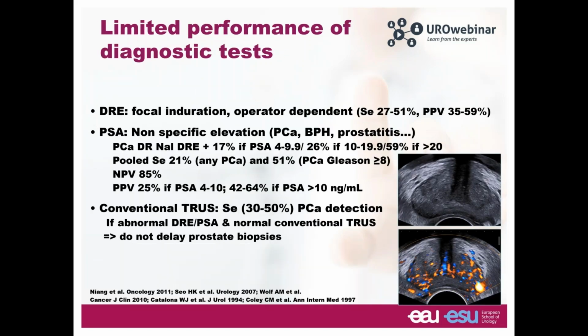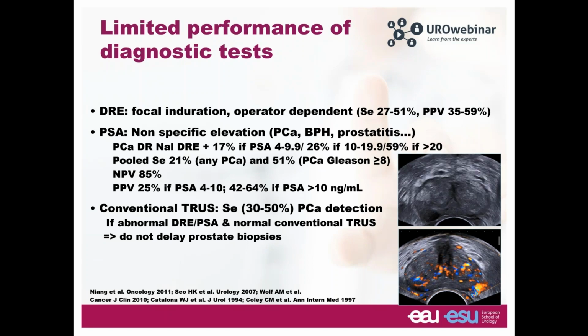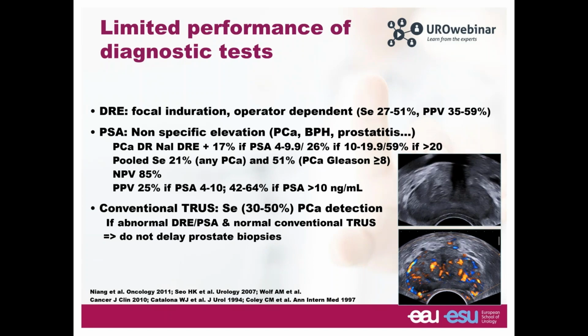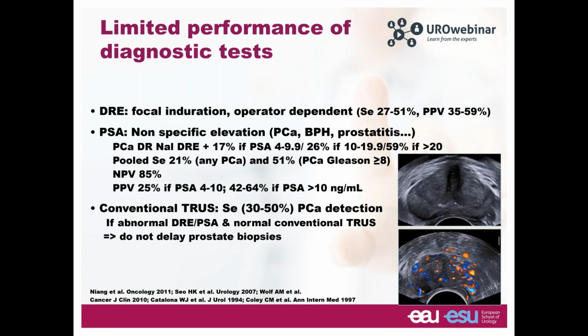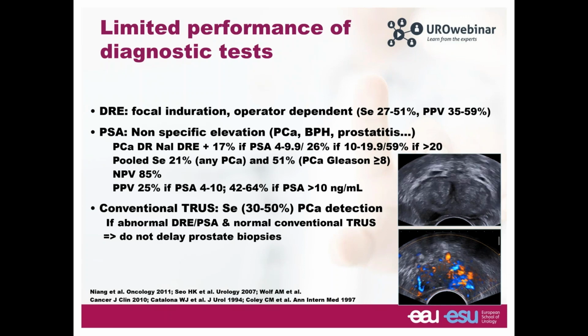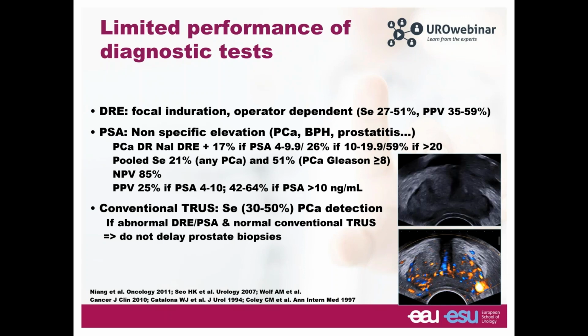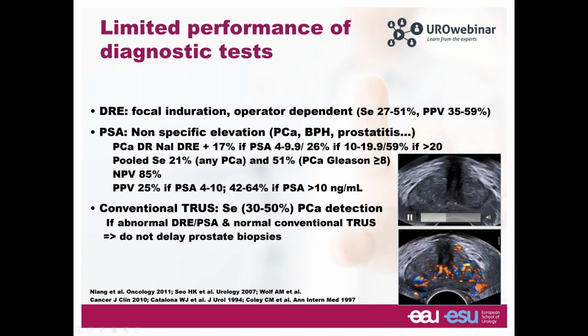Basically, all diagnostic tests have limited performance, such as digital rectal examination, PSA, or even conventional transrectal ultrasound. As you can see, the sensitivity of conventional transrectal ultrasound remains pretty low, and even lower in a recent study that we conducted in my department.